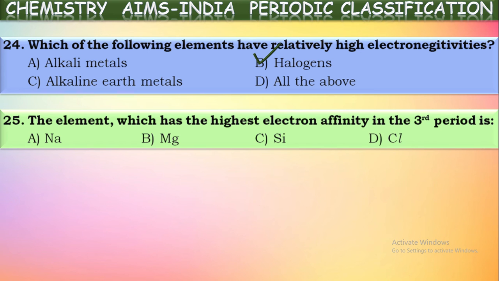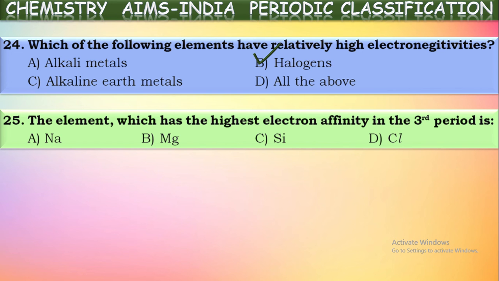Next, the element which has the highest electron affinity in the third period. Some third period elements are mentioned here. Which one has greater electron affinity? We know in a period electron affinity increases from left to right, because size decreases.